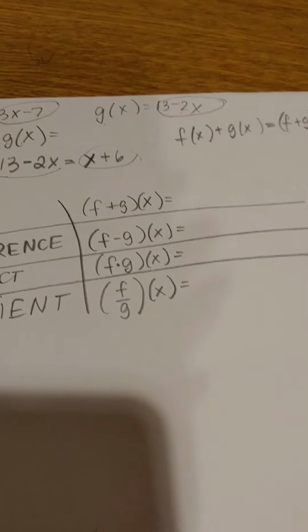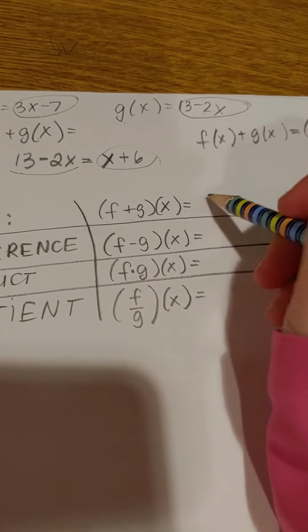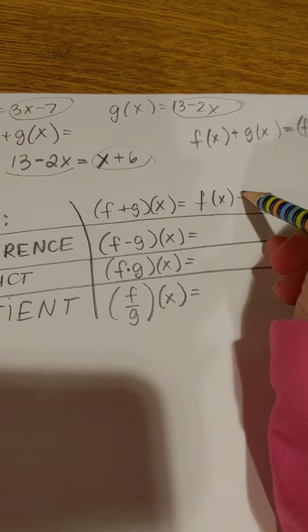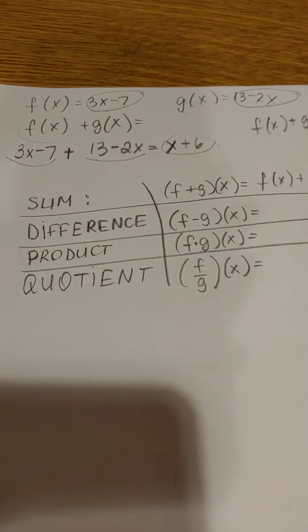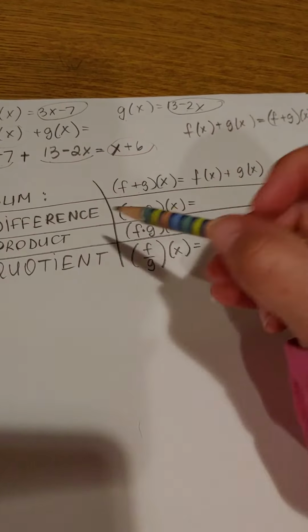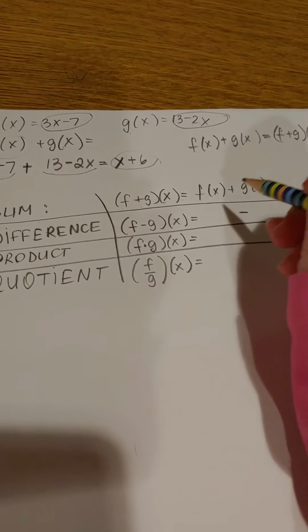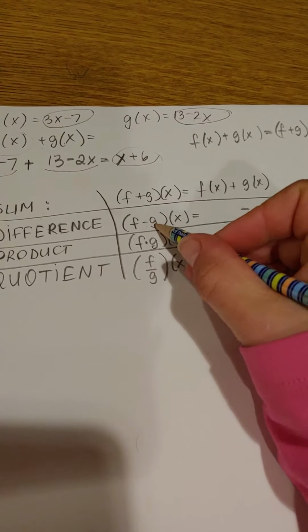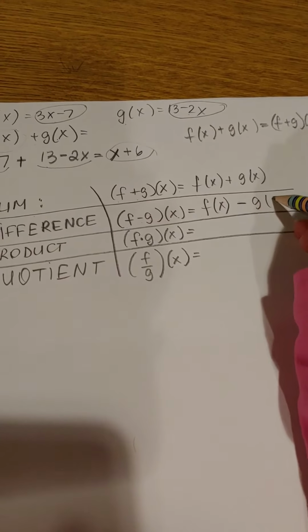And this is my first rule: f plus g of x equals f of x plus g of x. To find the difference, we do the same thing as when we were finding the sum, but the difference is just the sign. f minus g of x equals f of x minus g of x.